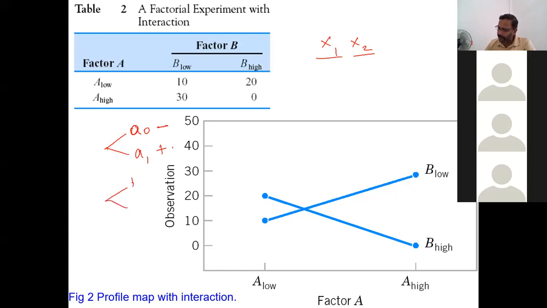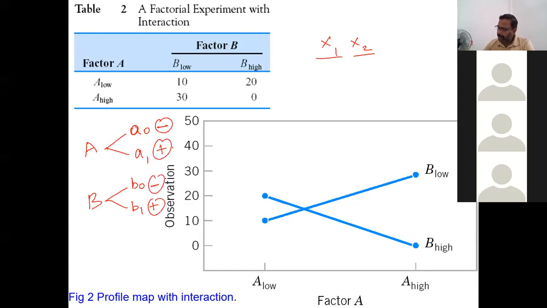Similarly, 2 levels of factor B, this is minus, this is plus. This is factor A, this is factor B. Right? Factor A and factor B. So this is what we are going to explain.